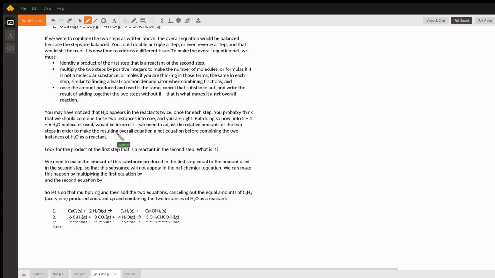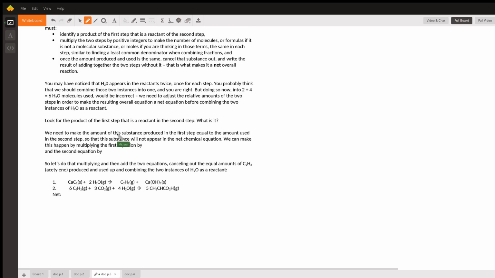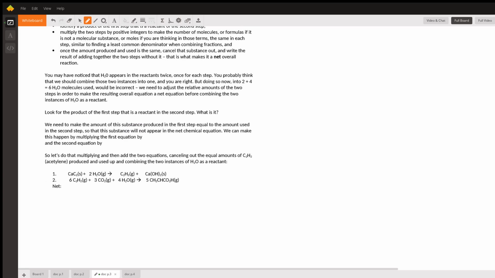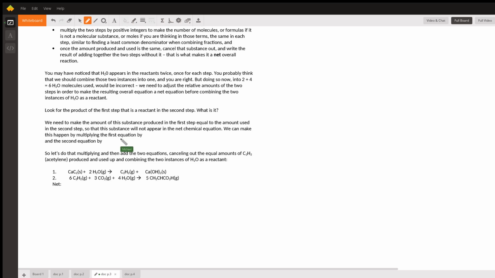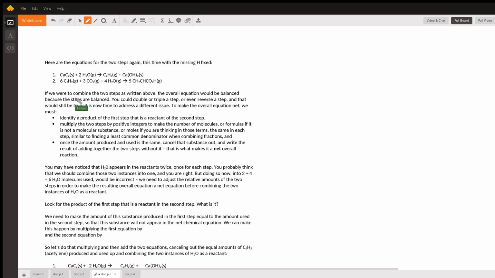Okay, so what's the thing that is a reactant in each step? We already identified it, C2H2. We need to make the amount of this substance produced in the first step equal to the amount used in the second. How do we do that? 6 of them here, 1 of them there.